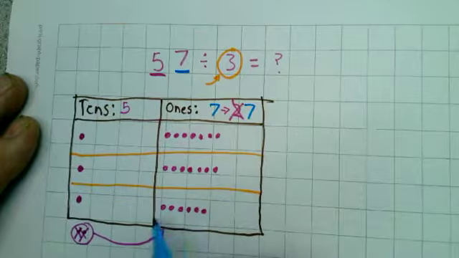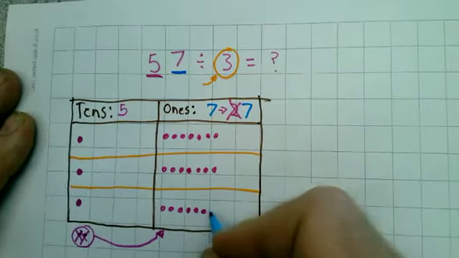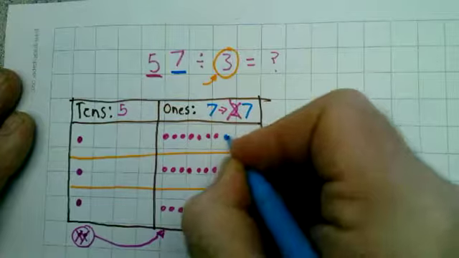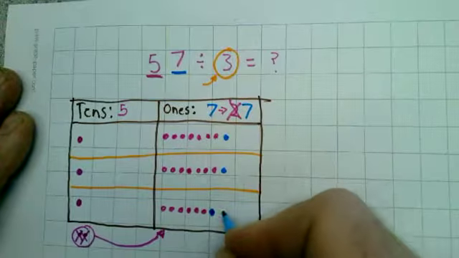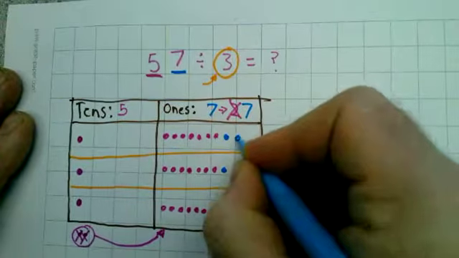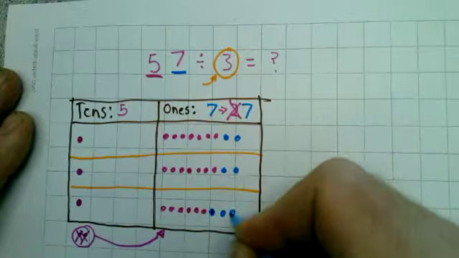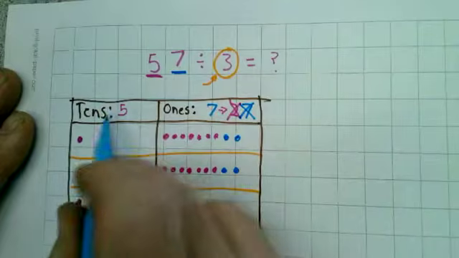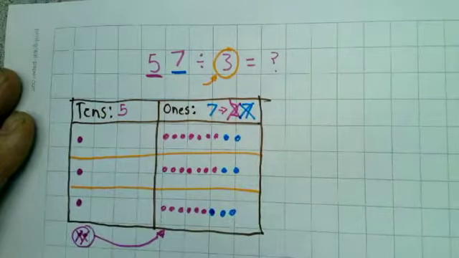And I'm going to start down here at the bottom because this has 7, this has 7, but this only has 6, so I need to make sure to have even groups. So now it's even, right? So you have 1, 2, 3, 4, 5, 6, 7. So we've gotten rid of our 7 ones, and we've distributed our 5 tens.